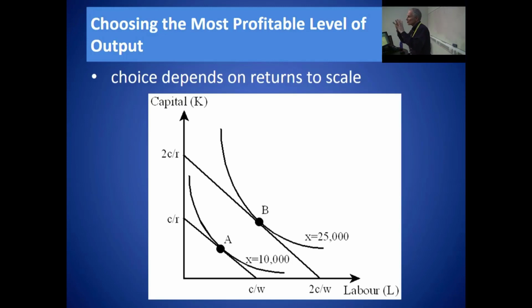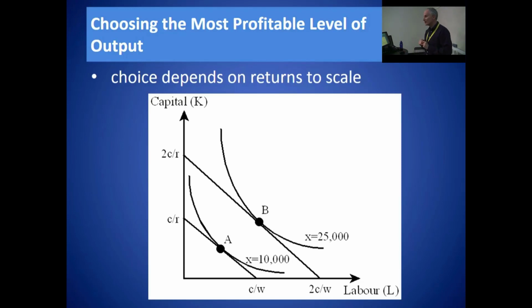It incurs a certain cost C. And so remember, this is the diagram we saw previously: the vertical intercept is total cost divided by the price of capital. The horizontal intercept is total cost divided by the price of labour. So that iso-cost line costs the firm C. And it implies a certain amount of labour and a certain amount of capital.